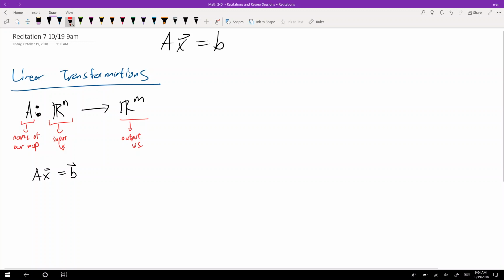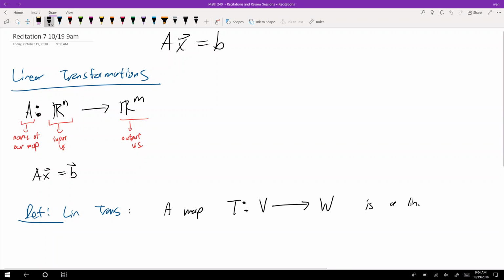All right, so we know it's a linear transformation, but what specifically then is a linear transformation? Well, the definition is the following. A map T from V to W is a linear transformation if it satisfies the following properties.